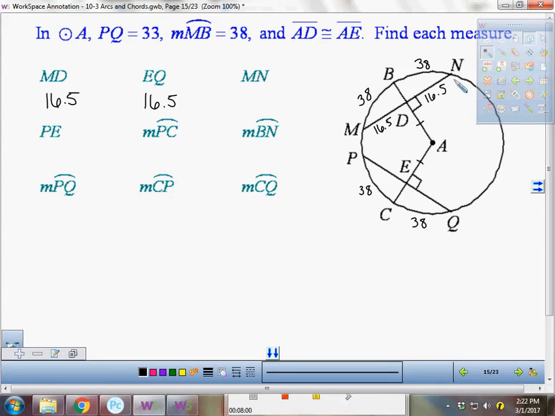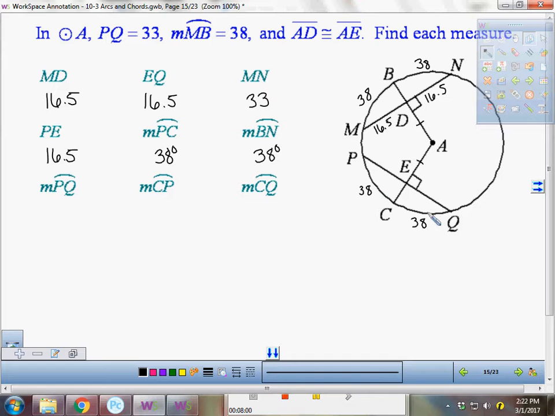All right, MN, we've already established that that's the same thing as PQ, which was 33. PE, so from here to here, that is also 16.5. All right, PC, this arc from here to the middle, we've already established is 38 degrees. BN, also 38 degrees.